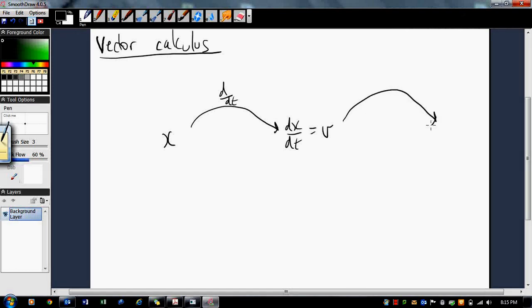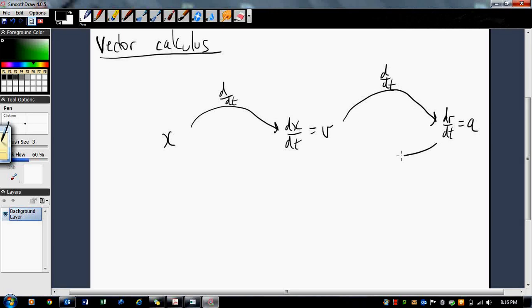Then from there we could take the derivative again, and we end up with dv/dt, which is acceleration. So that's our little pattern. We start with position, take a derivative, and end up with velocity. We take the derivative again, we end up with acceleration. And we could also go back the other way.